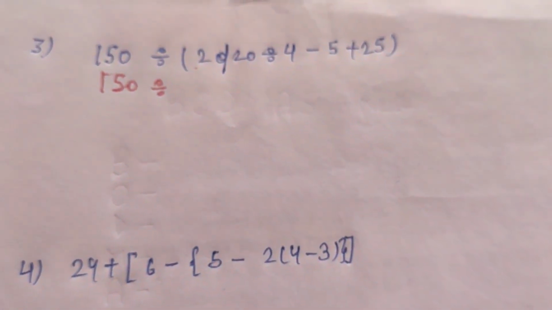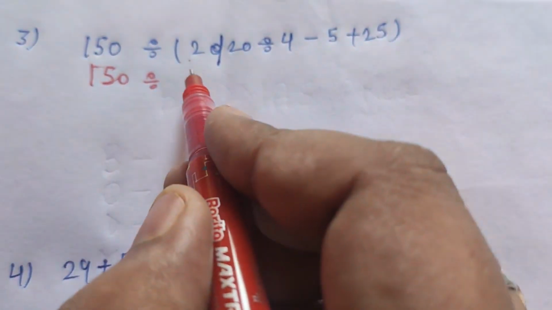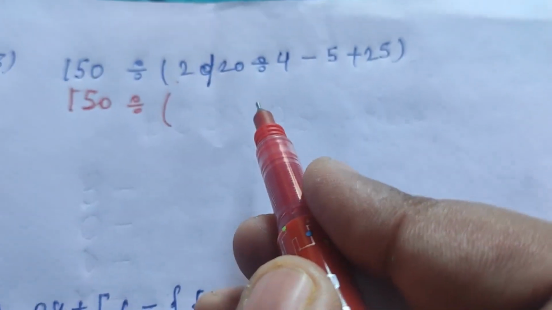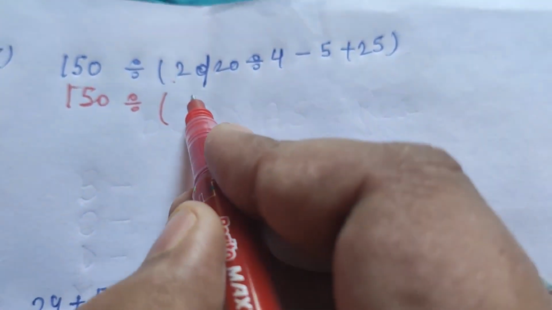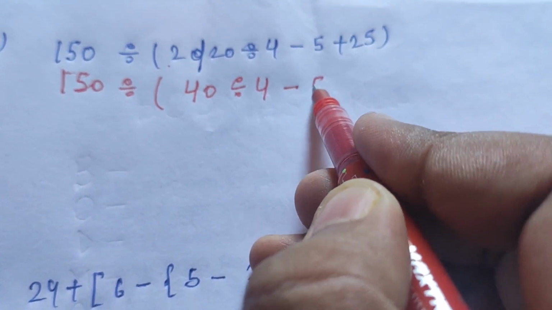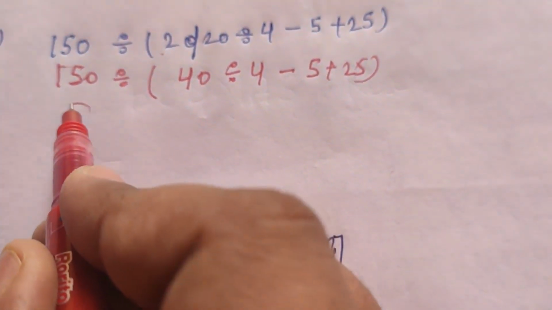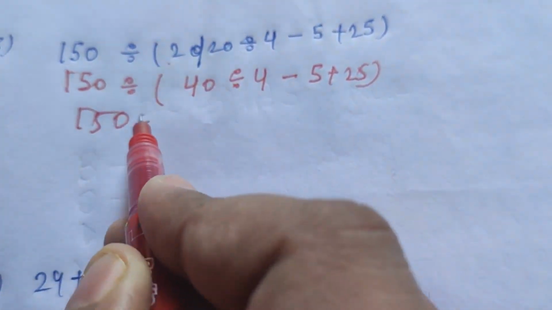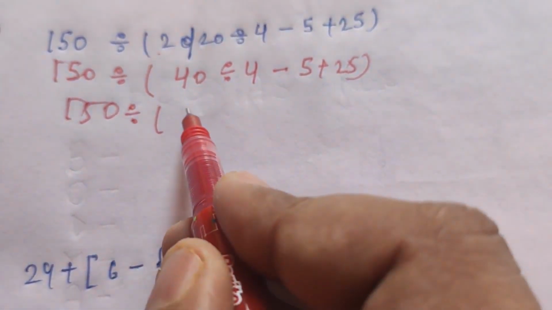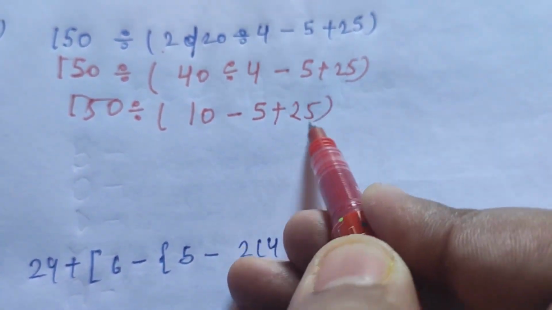First of all we will solve off. It is 2 of 20. We know in off we have to multiply. So 2 of 20 will be 40 divided by 4 minus 5 plus 25. Then 40 divided by 4 is 10, minus 5 plus 25.